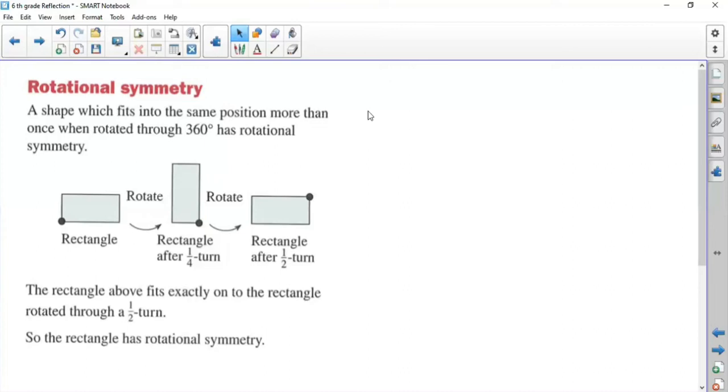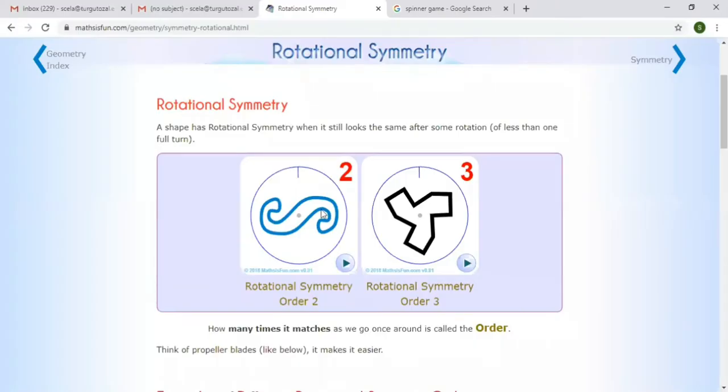We can understand it better, so let's have a look at these animations. It is given this shape and it is said that it has rotational symmetry. As you see, when you rotate, it goes to the original position. So it comes to the same position at 360 degrees.